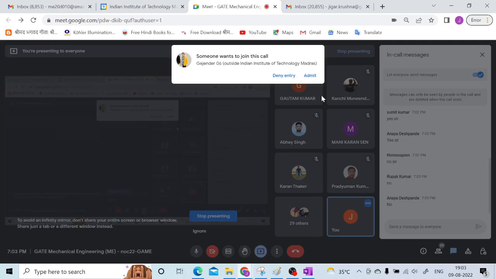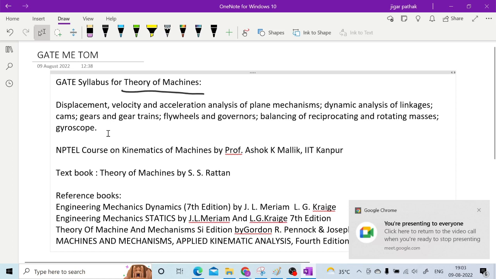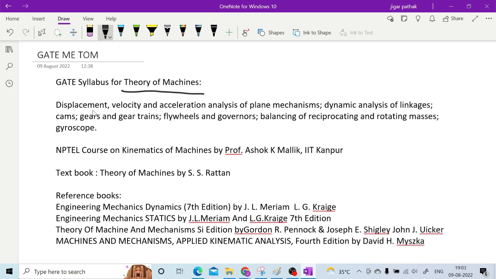Yes. So if we see here in the syllabus of this theory of machines, you need to concentrate on some specific topics, right? Displacement, velocity, and acceleration analysis of plane mechanisms. All of you have drawn those velocity and acceleration diagrams, which we'll see later.